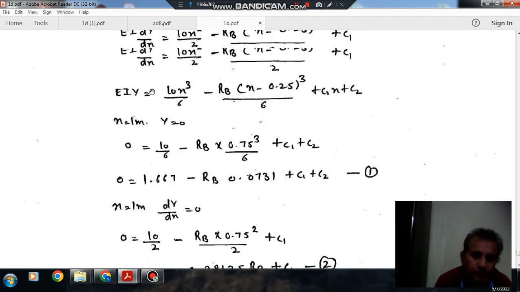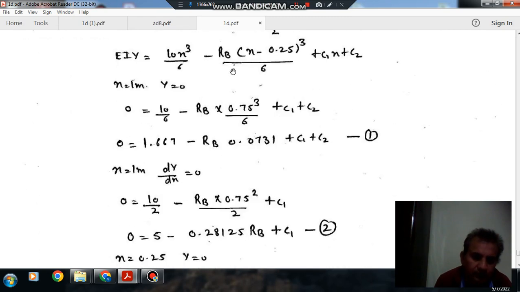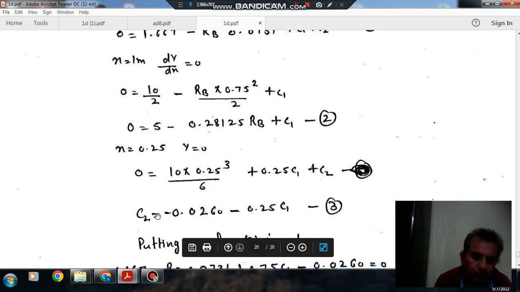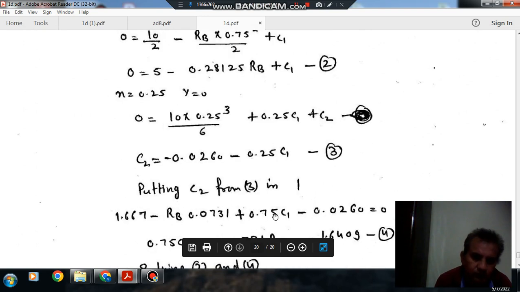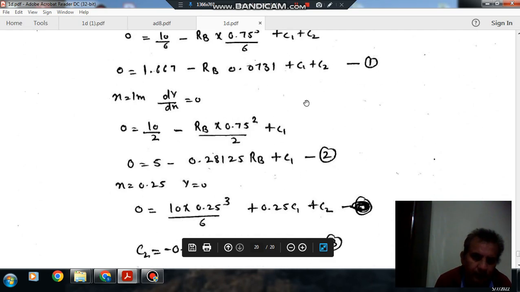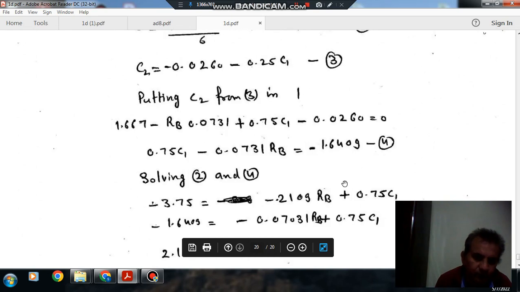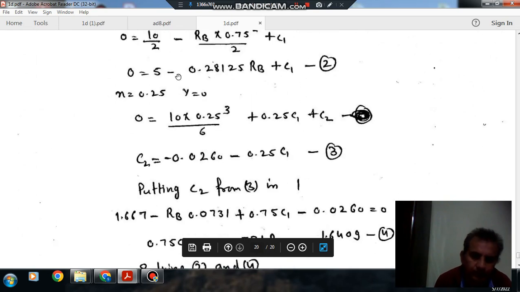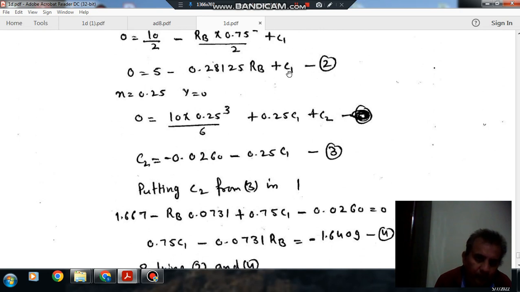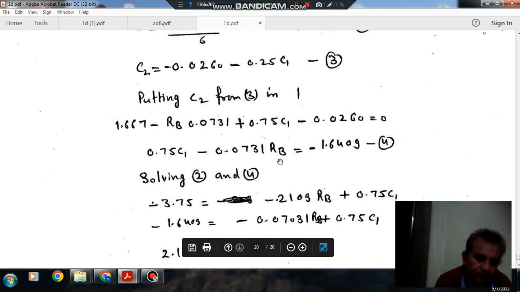Now a third equation is also there. At the support B the deflection is 0, so at x equal to 0.25, y is equal to 0. So we get the third equation, that is C2 equals minus 0.25 C1. Now putting the value of C2 in equation 1, we get the equation 4 in terms of C1 and RB.